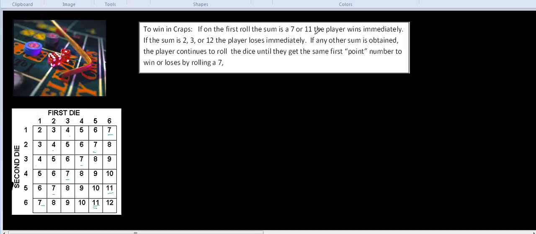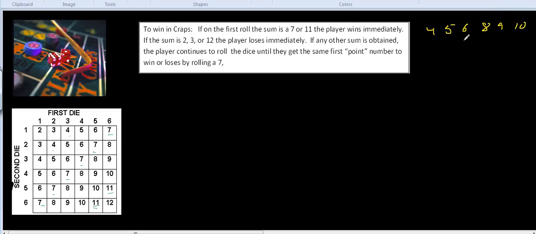And then the second option of winning is if none of those numbers come up, so you're left with the numbers 4, 5, 6, 8, 9, and 10, you would go into the second option of winning.